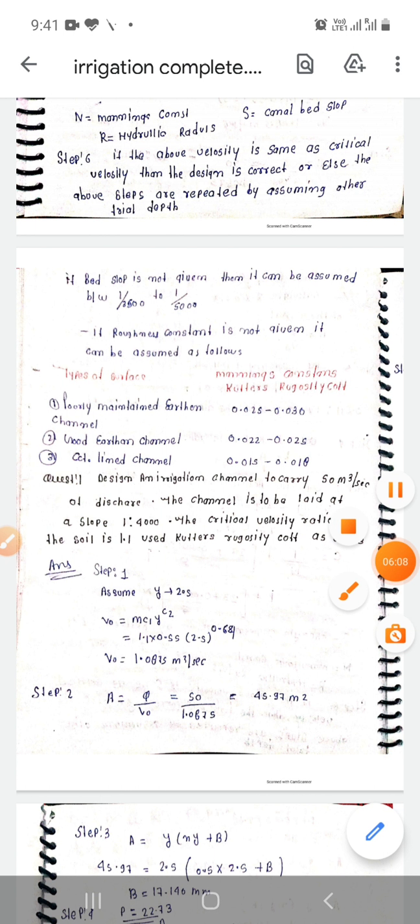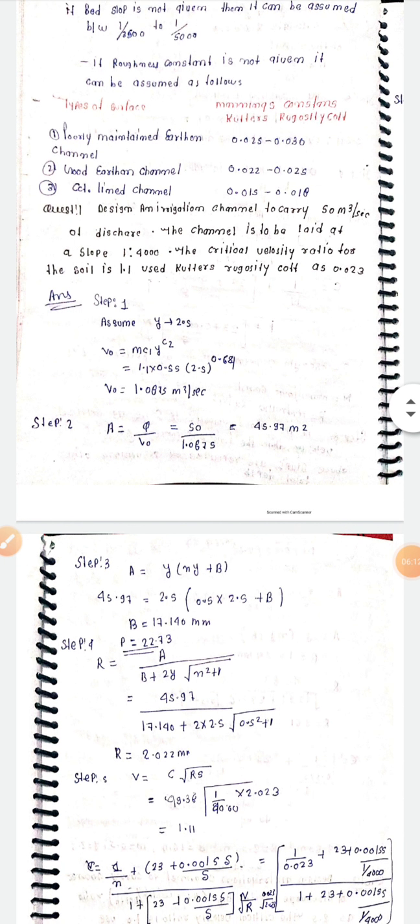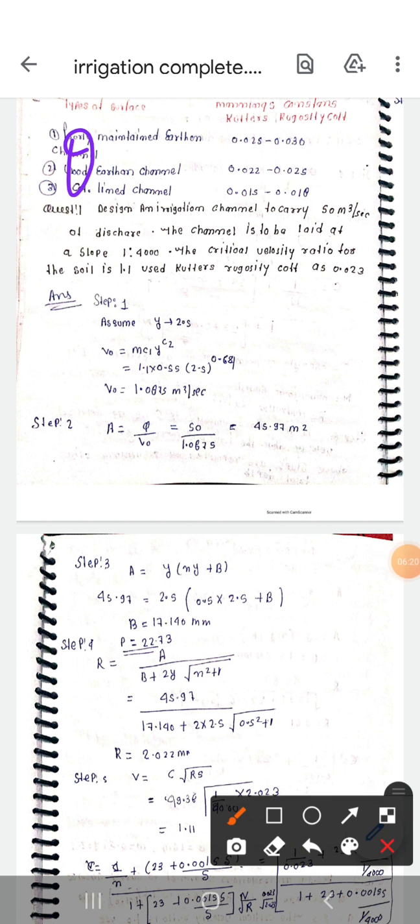Okay, so we'll see a numerical. Design an irrigation channel to carry 50 meter cube per second of discharge. Here the point to be noted, Q is given as 50 meter cube per second.